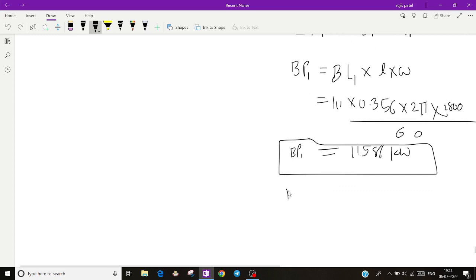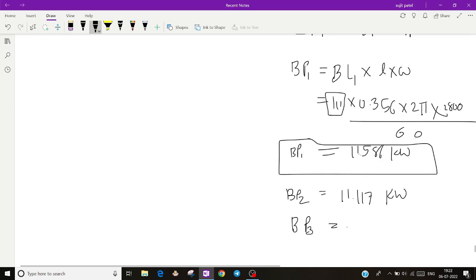Now similarly we can do the calculation for brake power when cylinder 2 is cut off, that is the load value corresponding to BL2, brake load when cylinder 2 is cut off, which is given in the question as 106.5 Newton. So when you calculate this, you will get 11.117 kilowatt.